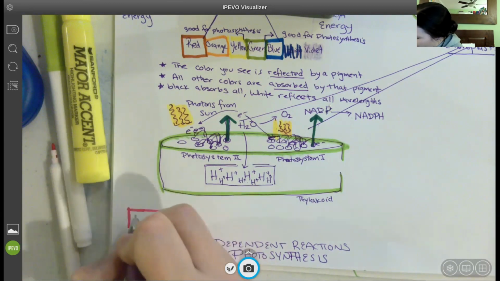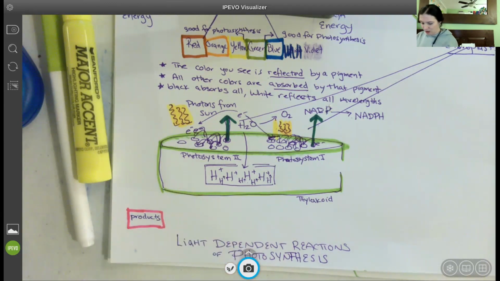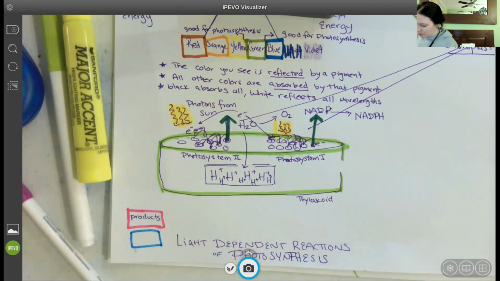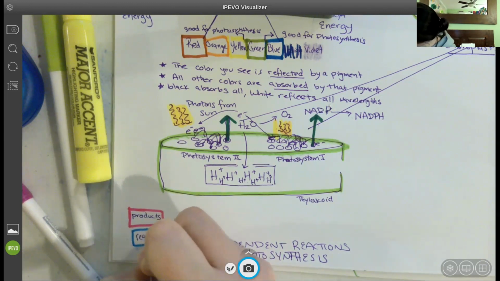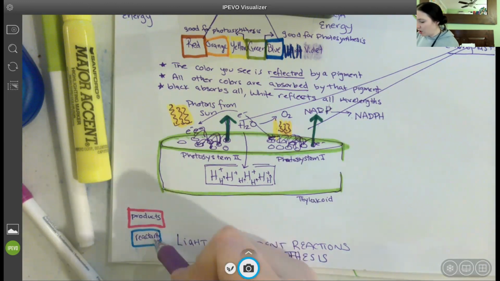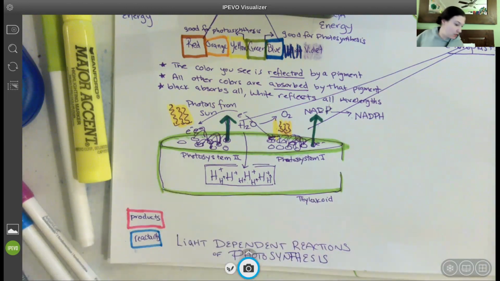Let's say just products. I was going to use red for reactants, but that doesn't really make sense. We'll use blue for reactants. Okay, so products are pink. Blue is reactants.